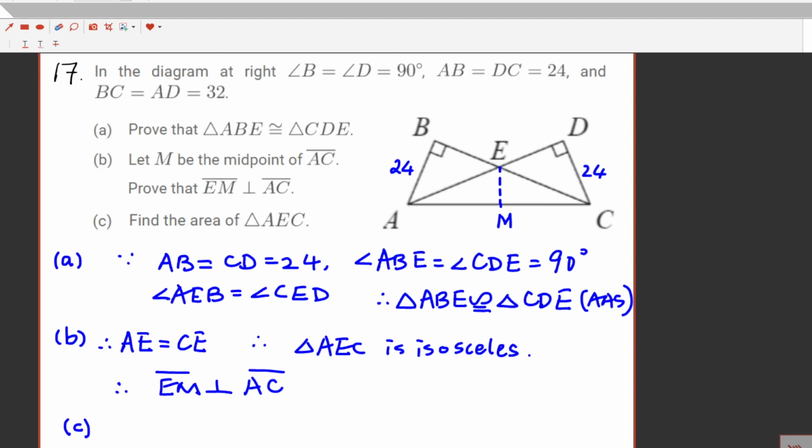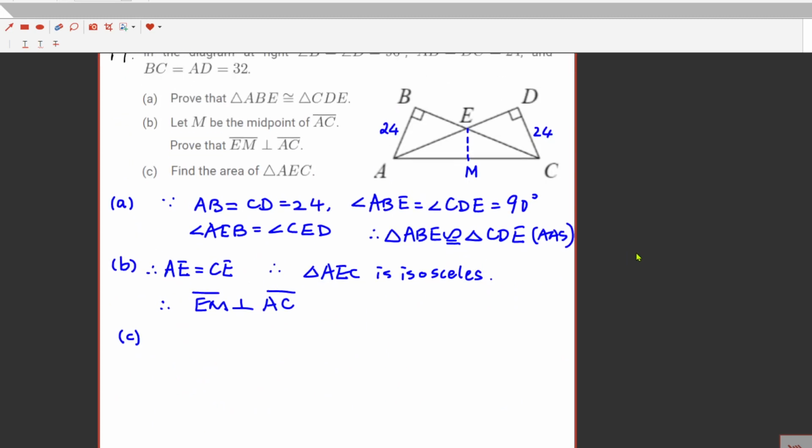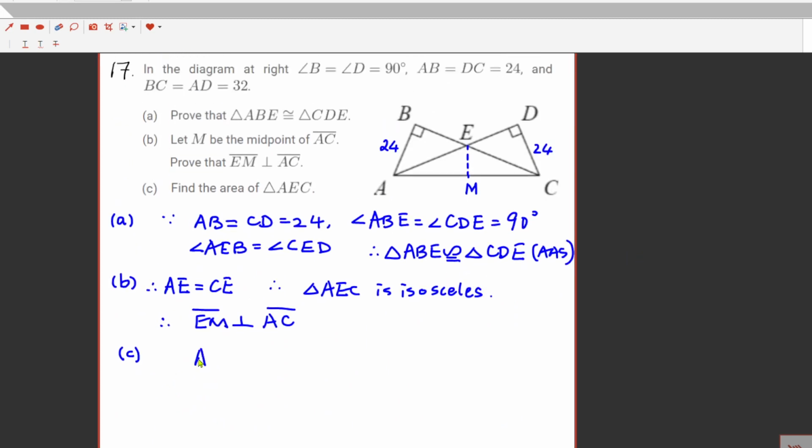And for the third question, the given information says, okay, AB is 24. BC is 32, right?